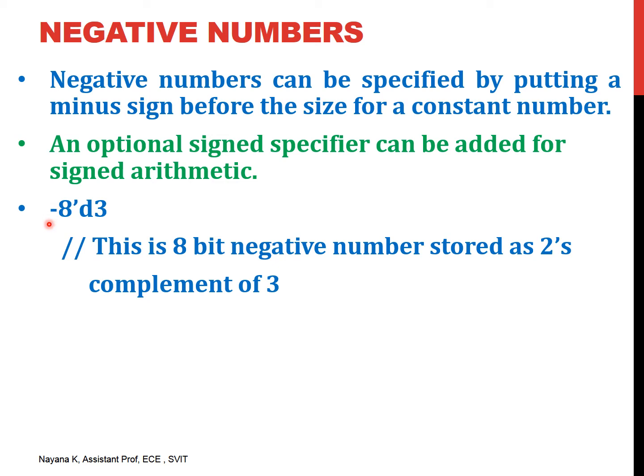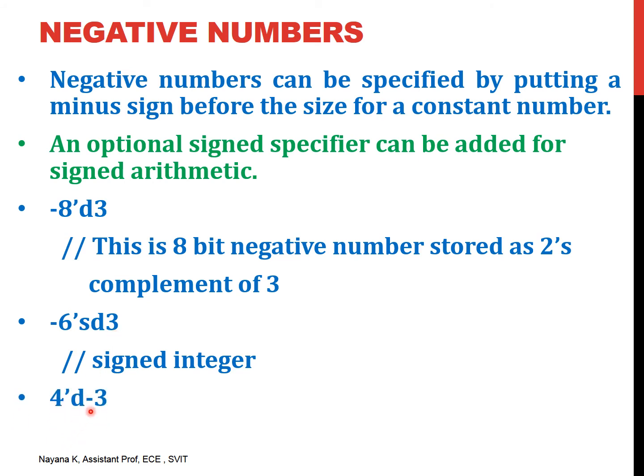With the minus sign, it is still an 8-bit decimal 3, but stored as the 2's complement of 3. Next, -6'sd3. The s specifier is the signed specifier, so this indicates a signed integer. It's a 6-bit signed integer 3, and the value is again stored in the 2's complement format.